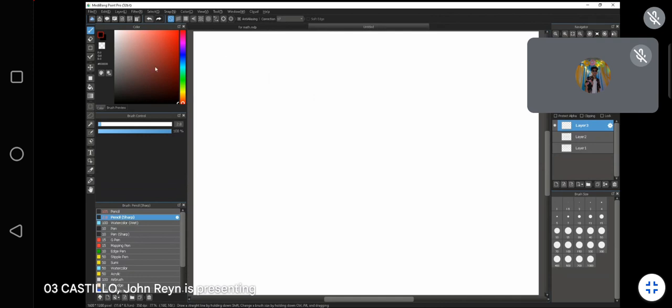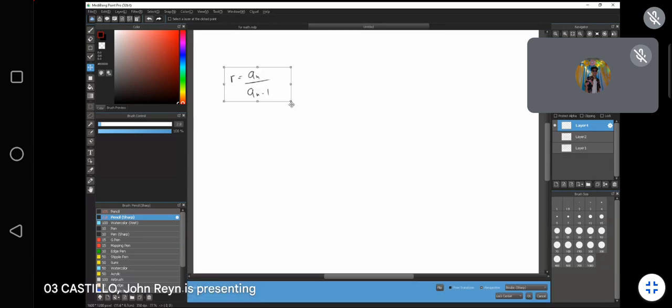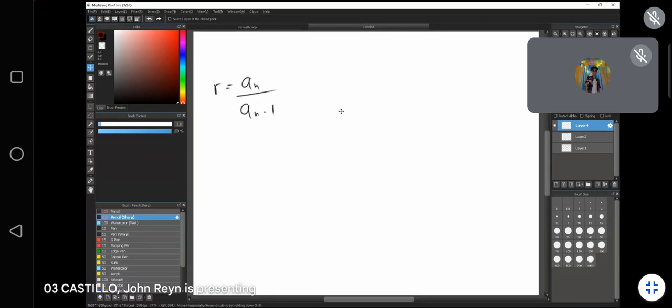So again, the formula here, this one. Okay na lang. Yeah. So this is the formula for the common ratio.